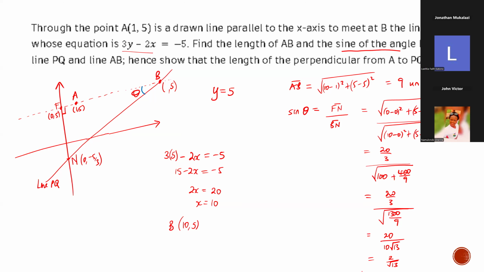So that would be the sine of the angle, 2 over root 13. And we want to show that the length of the perpendicular from A to PQ is 18 over root 13 as well. I hope where we are right now, we are together.